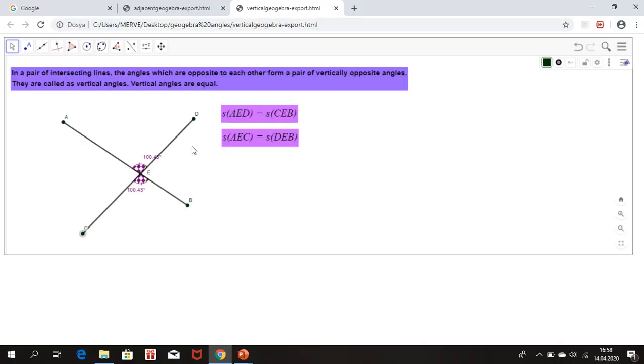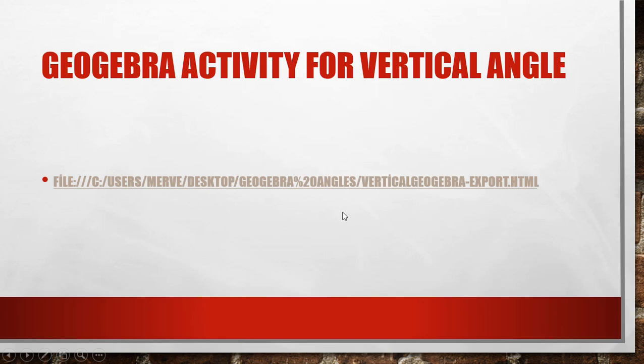When I change the degree of the angle AED to 100, then the angle CEB equals 100 because they have to be congruent. Okay, let's continue.